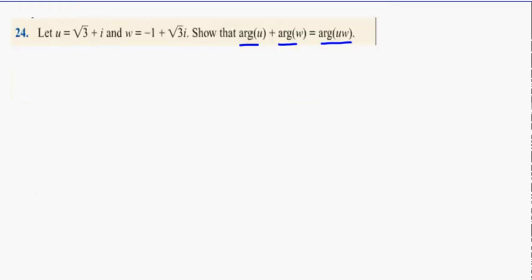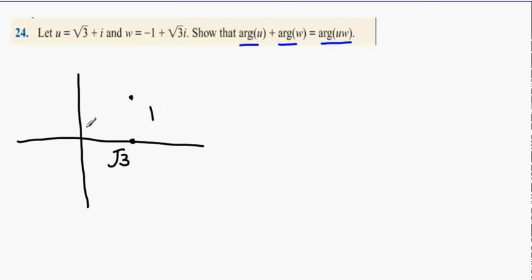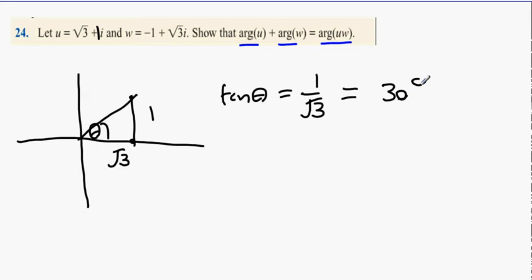So what we can see here is that root 3 plus i is going to be root 3 across and 1 up, because it's 1i. Now we have to find the angle theta. Tan theta equals 1 over root 3, tan inverse that, and we get 30 degrees.